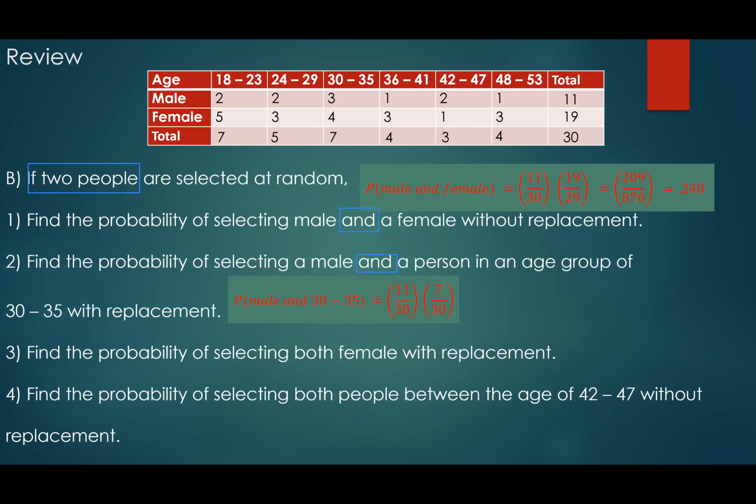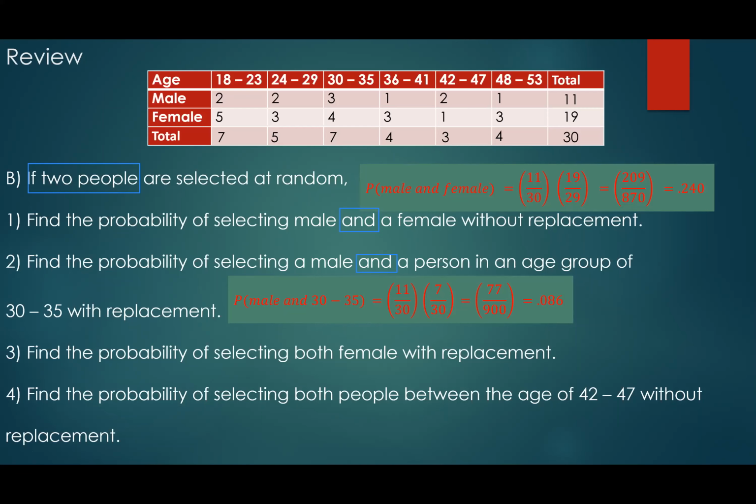Up here, I don't replace him, that's why I no longer have 30, but only 29. This one here, because I replace him, I have 30 greater than 29. And how many of them are in the age group of 30 to 35? That is 7/30, so top times top, bottom times bottom, we have 0.086.